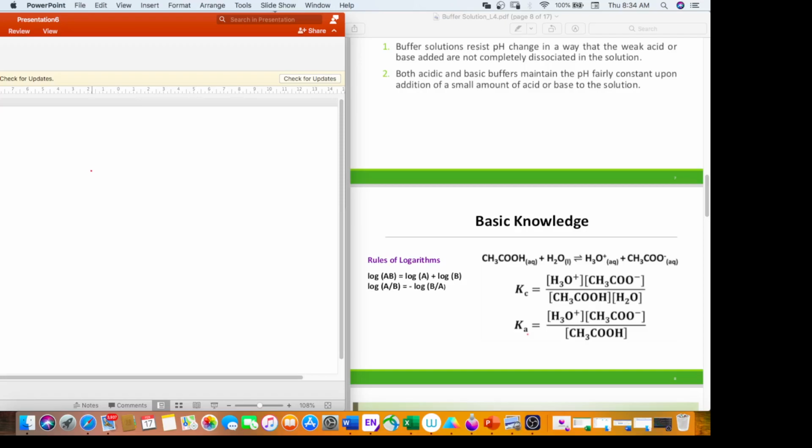And suppose the corresponding salt is this salt. If the salt is stronger it will dissociate 100%, right? Yes. Okay, clear now?